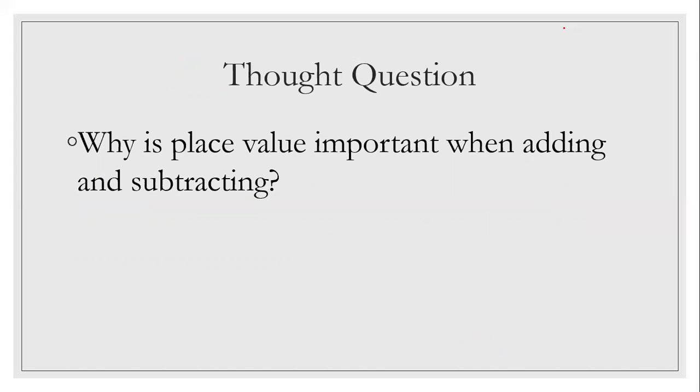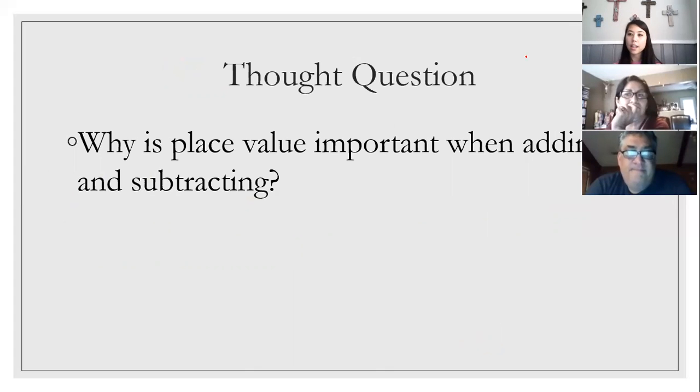And the thought question: why is place value important when adding and subtracting? One of the biggest reasons why place value is important when adding and subtracting is because there's going to be a point in time where you're going to have to regroup and you're going to have to put it in a different place value.